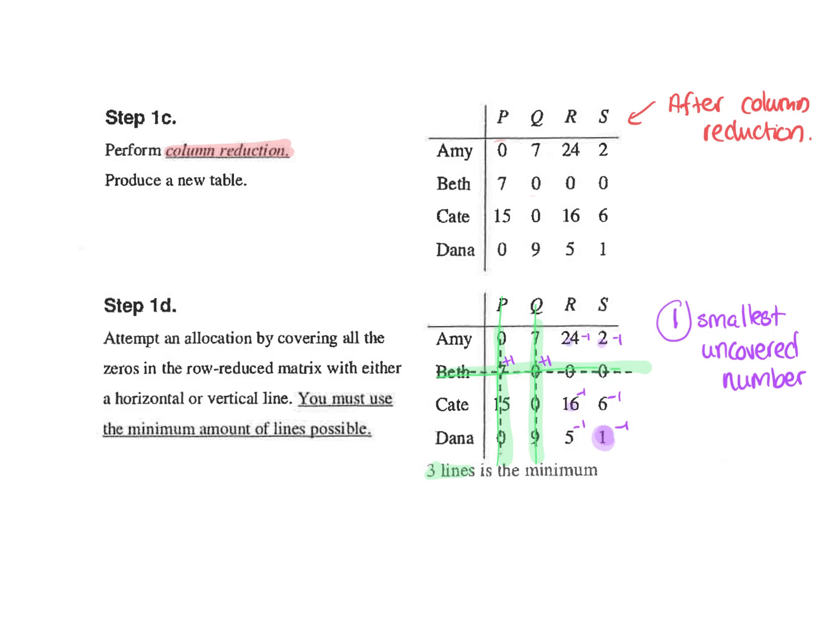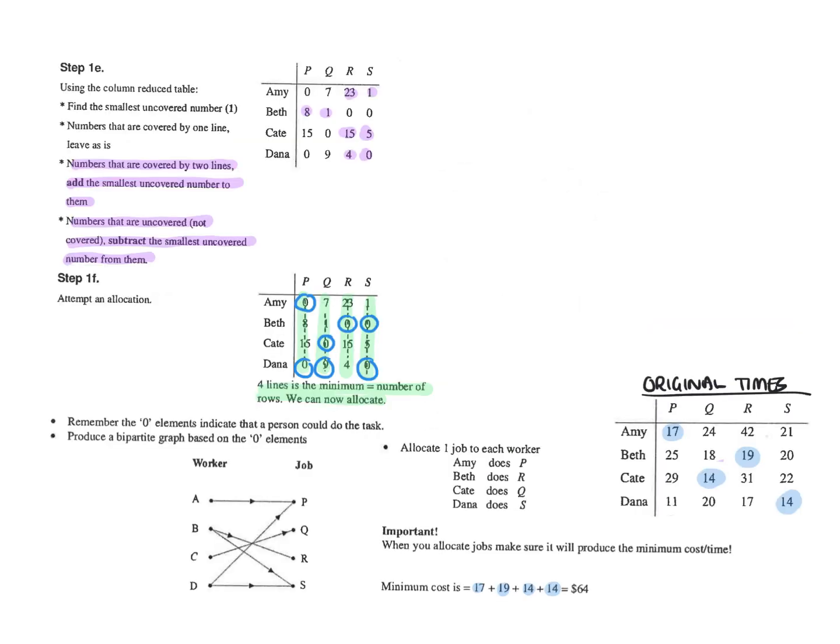But we add it to the ones that have 2 lines going through them. If you've got some of those, you add the smallest number. If you go over here, you can see those are the ones that had it added, and those other ones highlighted in purple were the ones that had the smallest number subtracted.